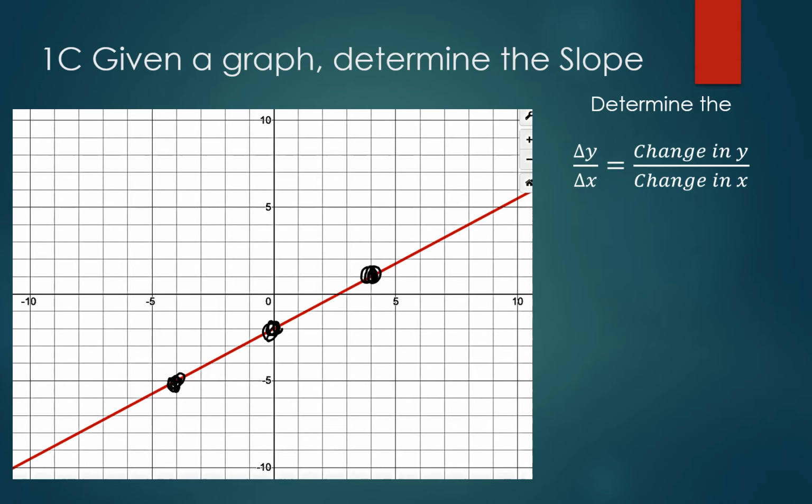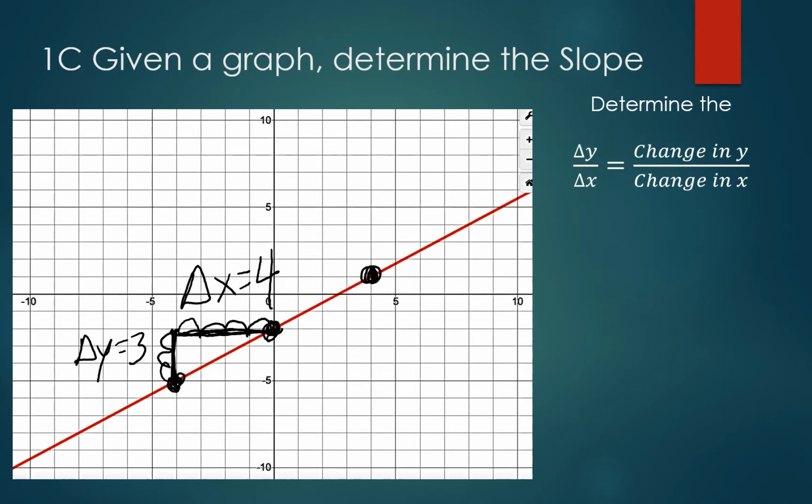So from here to here, if I draw a right triangle connecting both dots, on this vertical leg, how much did it change on the y? So that goes 1, 2, 3 units. So my change in y is 3. Horizontally, it goes over 1, 2, 3, 4. So my change in x is equal to 4.